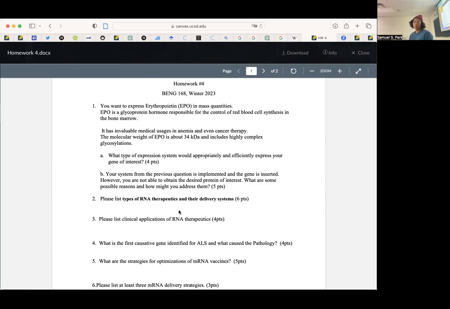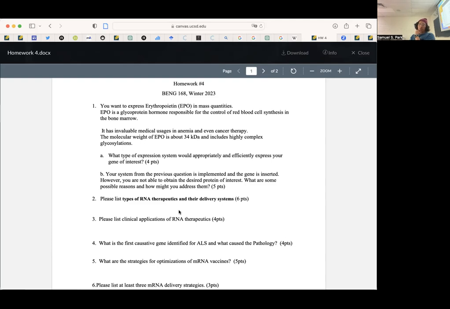So EPO is a glycoprotein hormone. I don't know a lot about hormones, but I think it's amino acid based, and I think a hormone has amino acids and lipids. But it's responsible for the control of red blood cell synthesis in bone marrow.